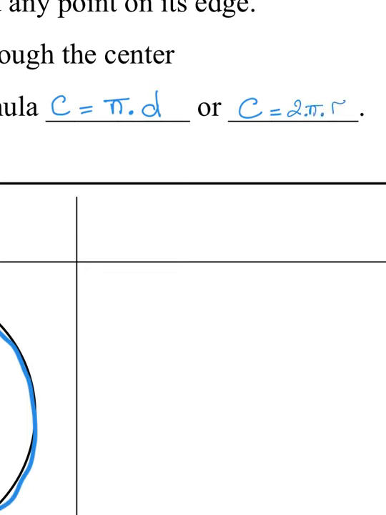They are the same because diameter is double the radius. Diameter is 2 radius, so here you have 2 radius times pi.